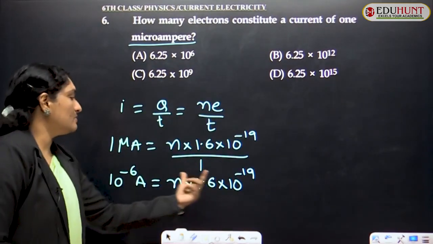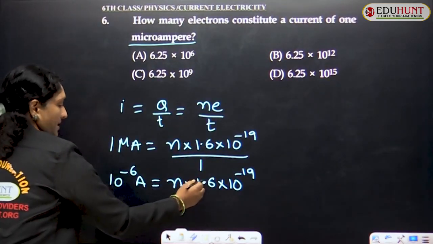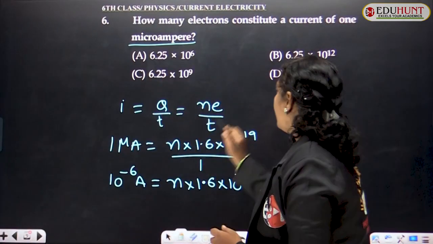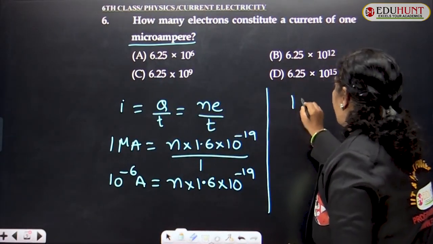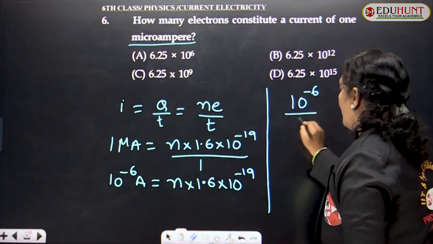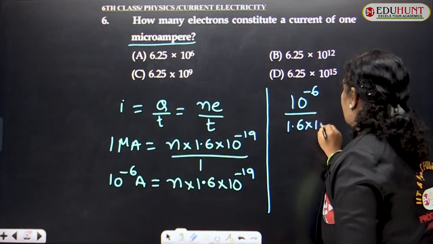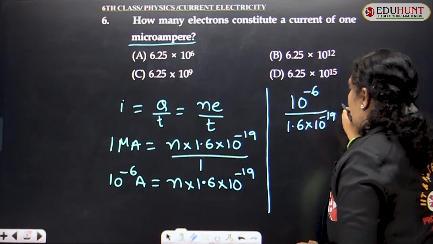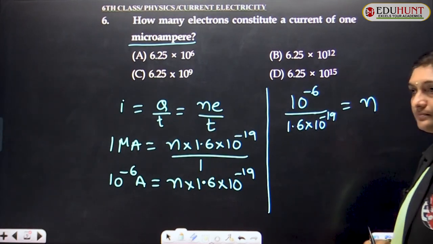So let us bring this 1.6 into 10 power minus 19 to the left side. Then how much will it be, children? So 10 power minus 6 upon 1.6 into 10 power minus 19 is equal to n.